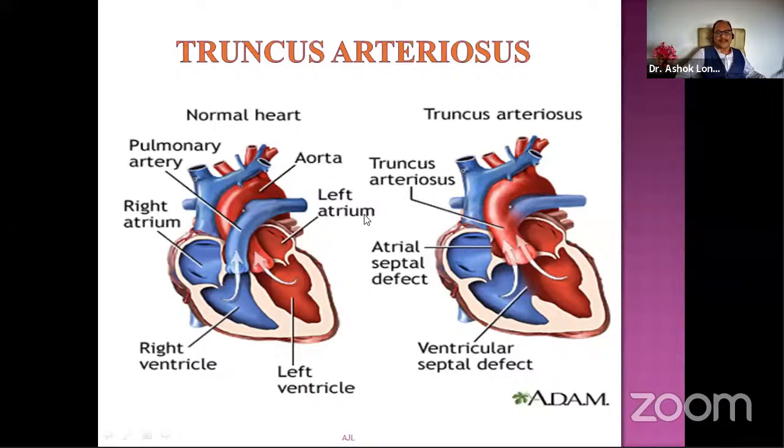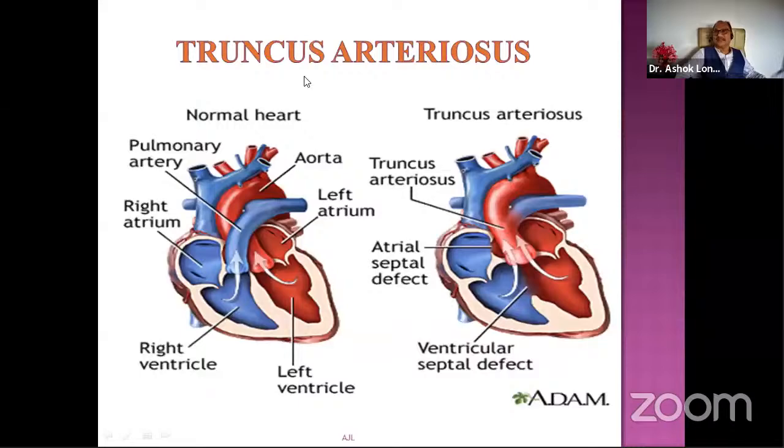So the right sided part goes on the left side, the tube, and the left sided part goes on the right side. And in the later development you get one as a pulmonary artery, and one you get as an aorta.